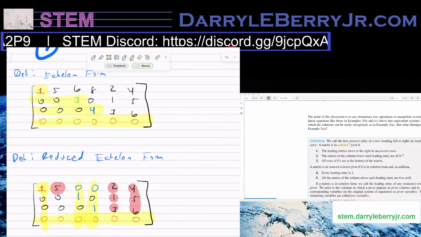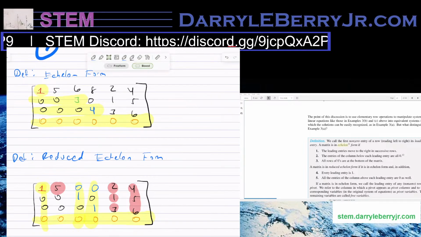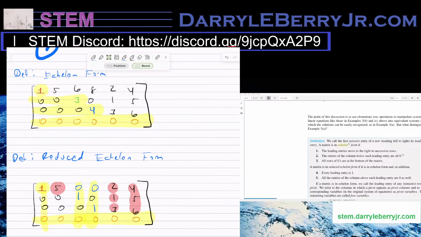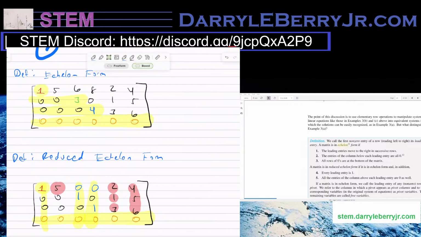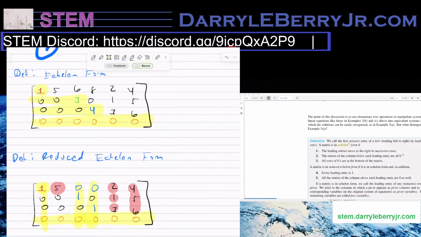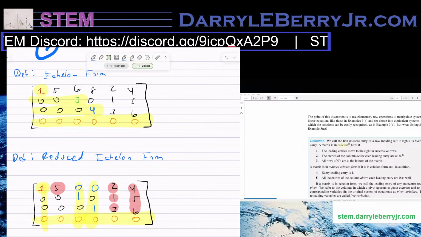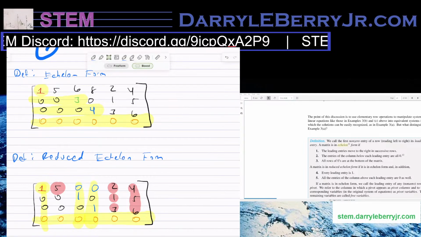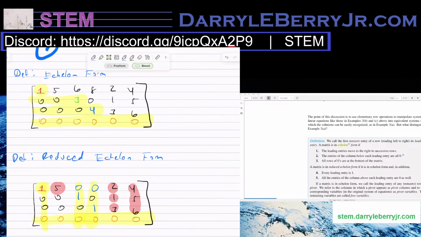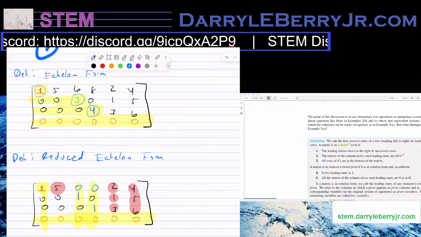If a matrix is in echelon form, we call the leading entry of any non-zero row a pivot. We refer to the columns in which the pivot appears as pivot columns, and to the corresponding variables in the original system of equations as pivot variables. The remaining variables are called free variables. Right? So this is a pivot, pivot, pivot.